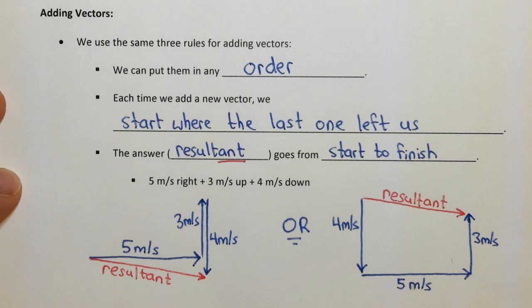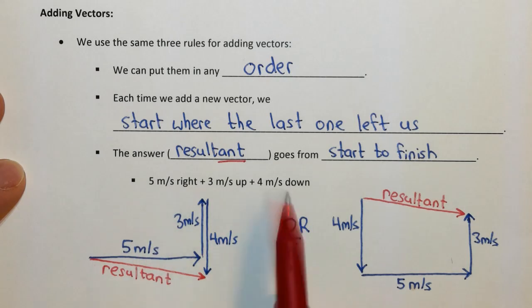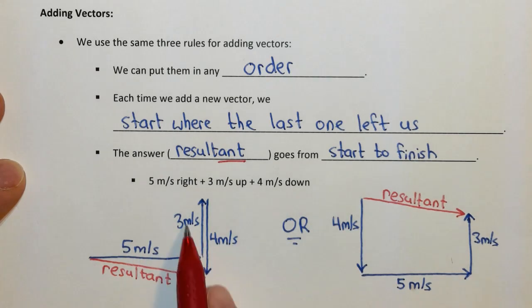Another thing I want to say here is about these units. I threw these in here just so we remembered what units were in the problem. But the way I draw this wouldn't change if these units were different. If these were all, instead of meters per second, newtons, I'd draw my picture exactly the same. I just write newtons here instead.